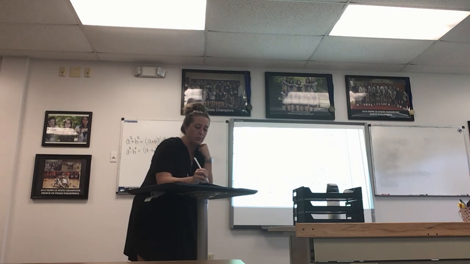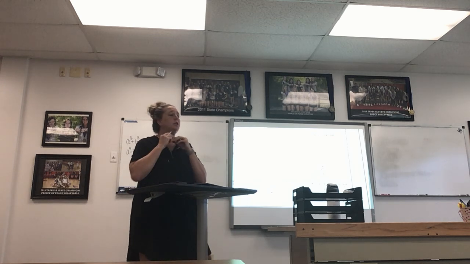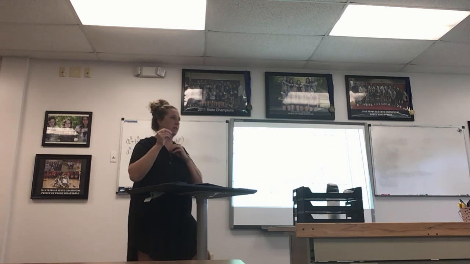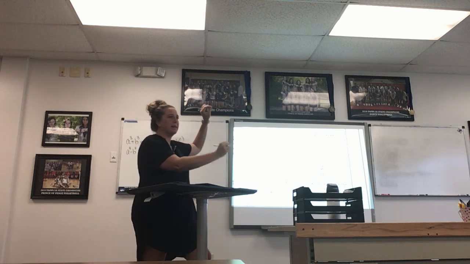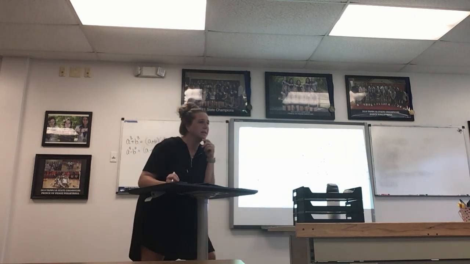In math, when they say rate of change, it's the same thing as slope. Okay? So if we're looking at this concave up graph, you are used to only lines having a slope, correct? Lines are the only thing that have a constant slope. No matter where I go on my line, the slope is the same. No matter where I go on this graph that we did earlier, the slope is a half.